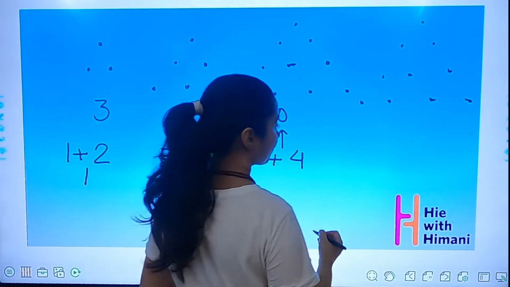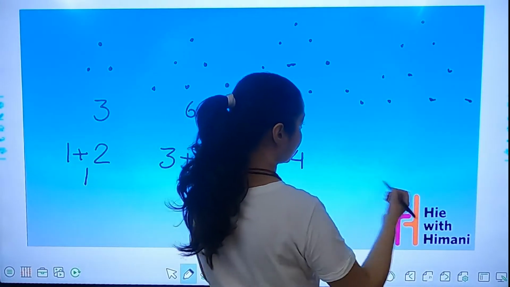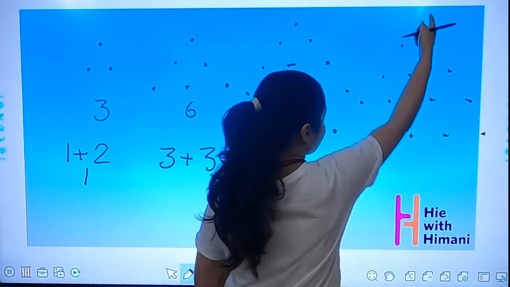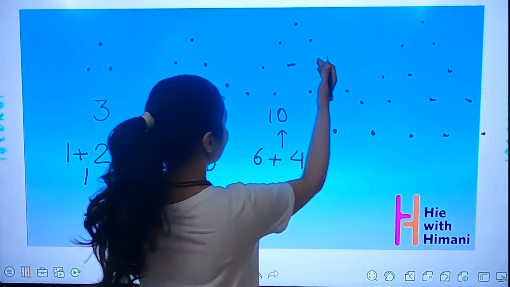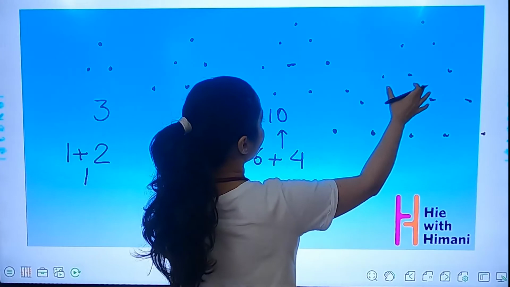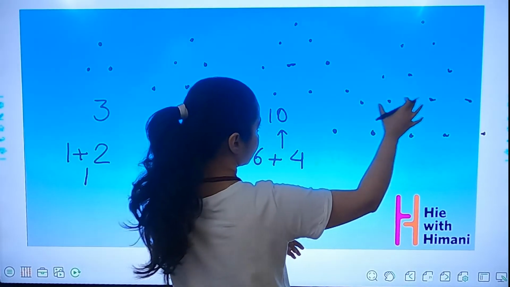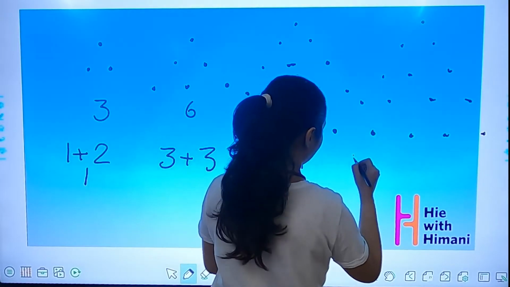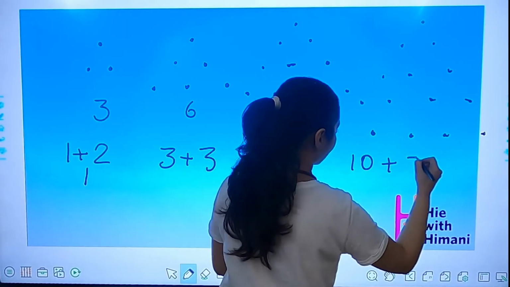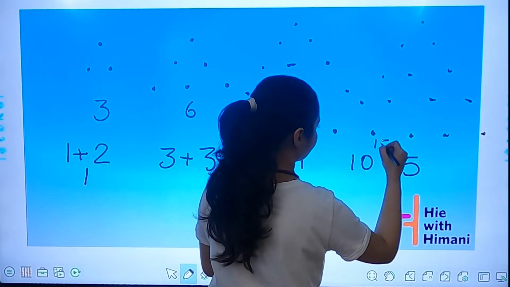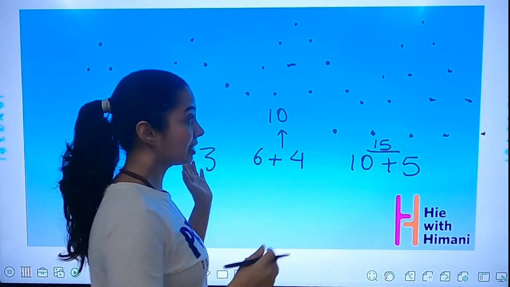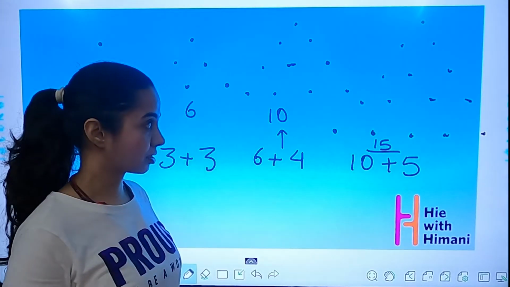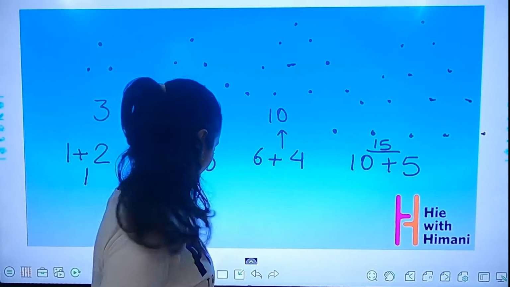This much was 10. If I have to make an even bigger triangle, I need 5 more dots here. This triangle has 10 dots in it. So 10 plus 5, that is 15. So this is the pattern which the triangular number follows.